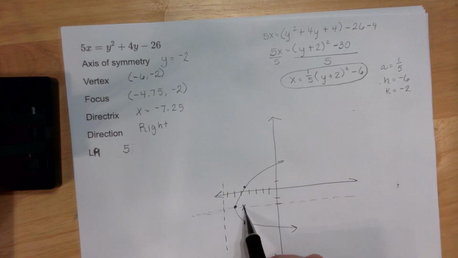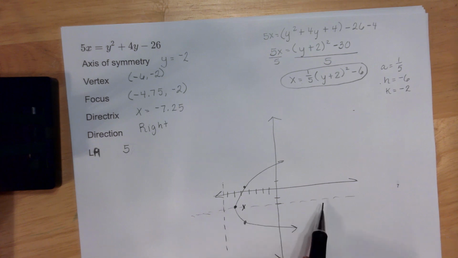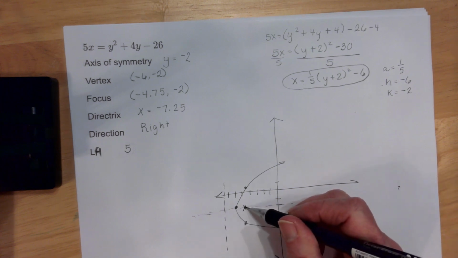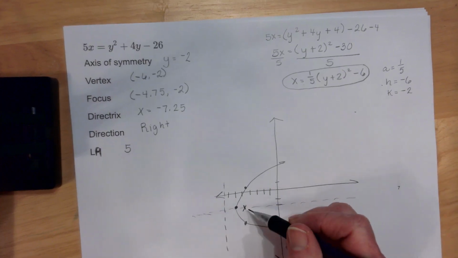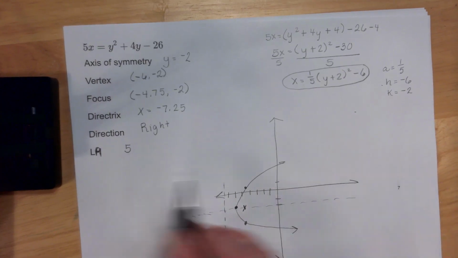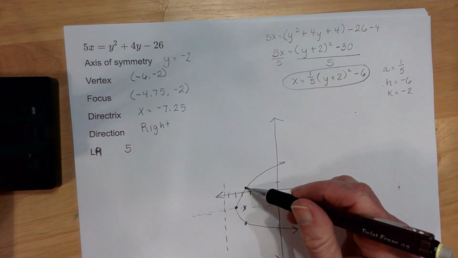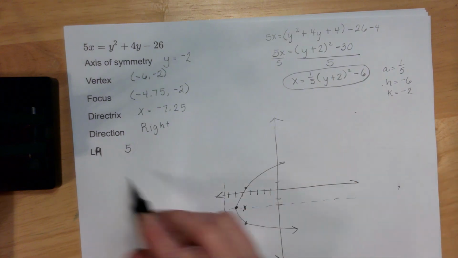So you put the focus on there, the vertex, the directrix, and the axis of symmetry, then you went to the focus and went up half of the latus rectum, which is 2.5. You went down 2.5, because the total distance from here to here has to be 5.